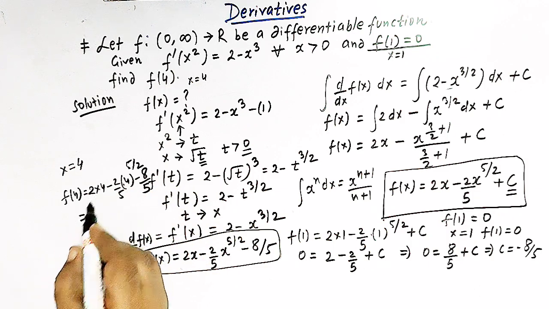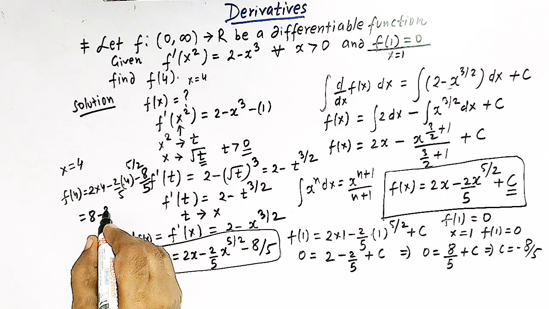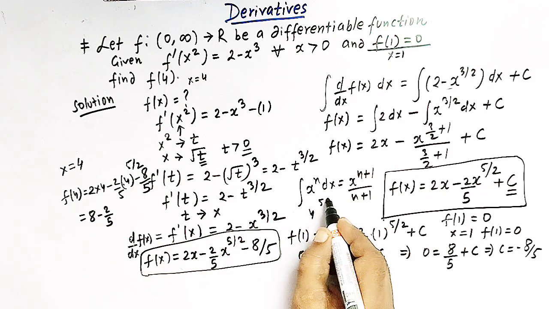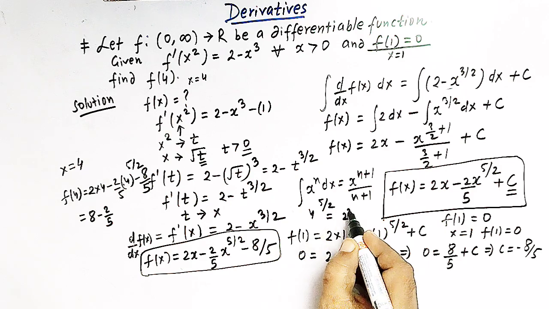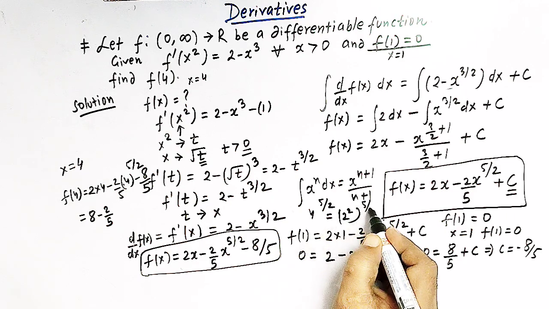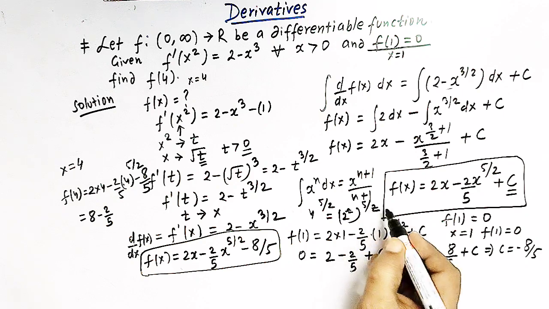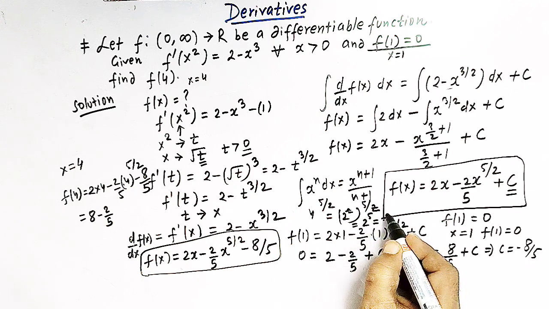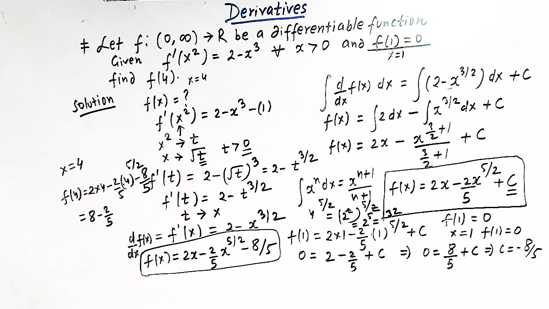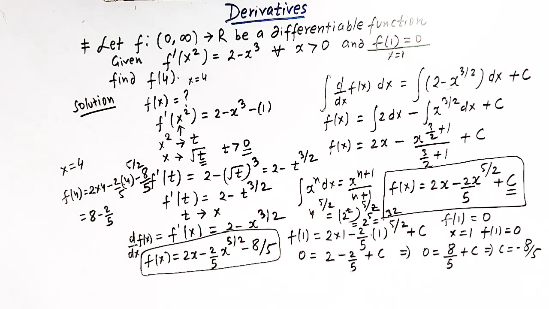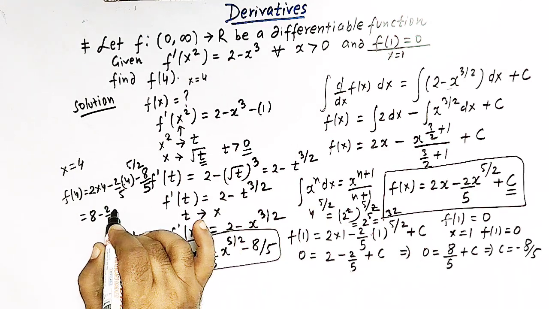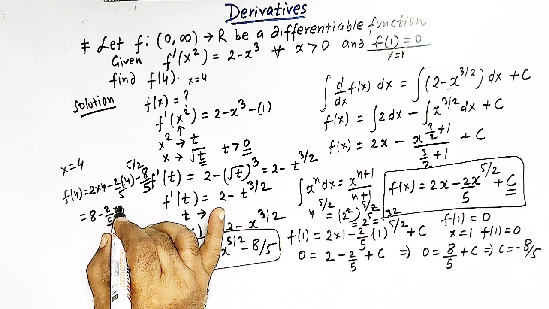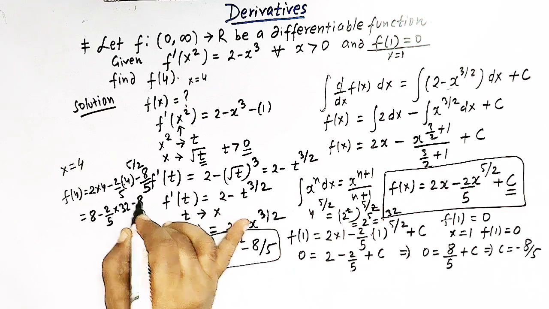So this is 2 times 4 is 8, and here we have 2 over 5. Now 4 raised to 5 over 2 can be written as 2 square raised to 5 over 2. Now the 2 and 2 get cancelled, so we are left with 2 raised to 5, that is equal to 32.